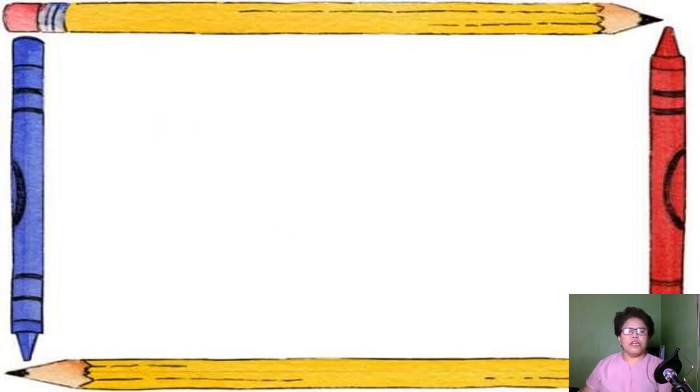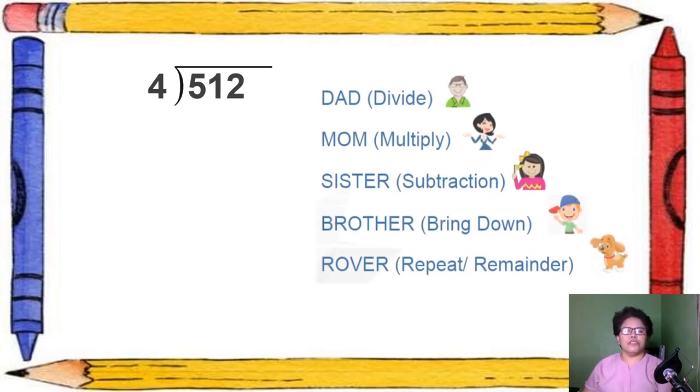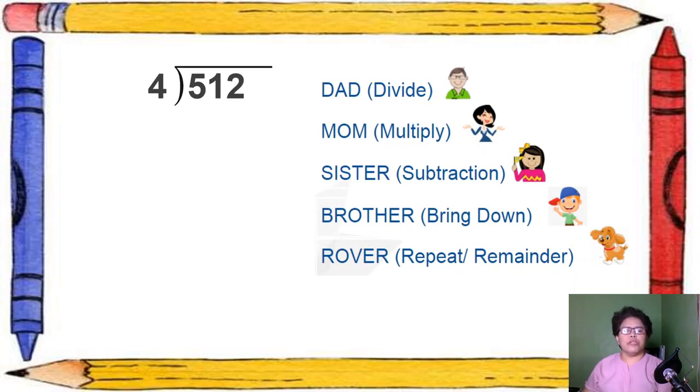Subukan muna natin ang 512 divided by 4. Review natin yung steps in division: divide for dad, multiply for mom, sister for subtraction, brother for bringing down, and then rover for repeat.